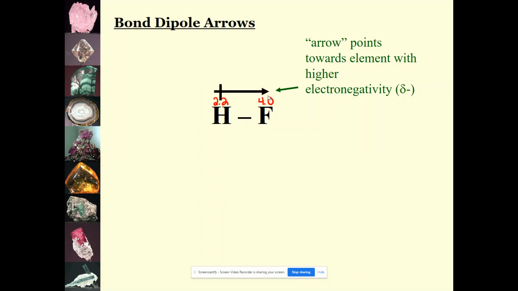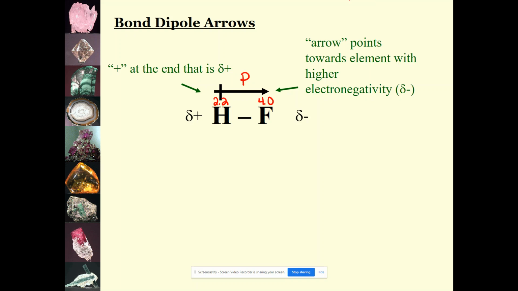Whatever end is the lower electronegativity becomes the slight positive end. We also put a little tail on the arrow that looks like a plus sign to show that it's slight positive. Above the arrow we can also write whether the bond is polar, a P for polar, and an NP for nonpolar.